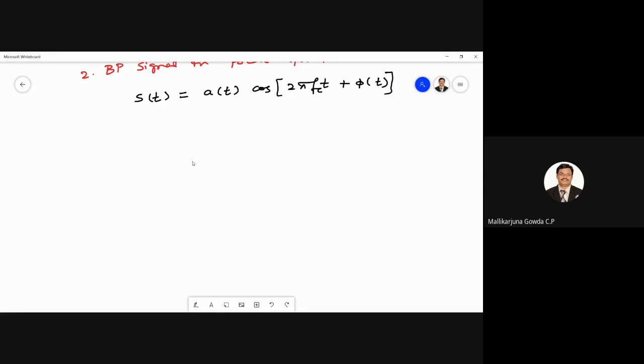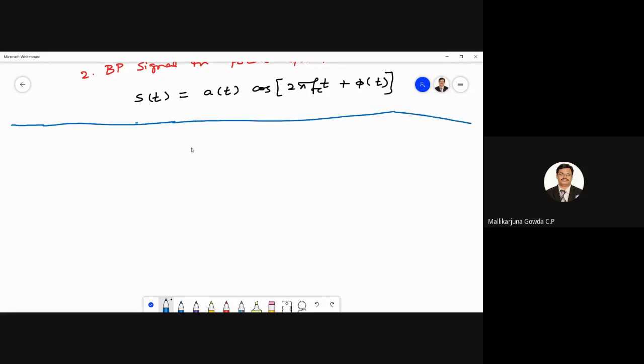In the same way, now let us discuss how we can represent the bandpass system in terms of its complex low pass. So the next topic is complex low pass representations.